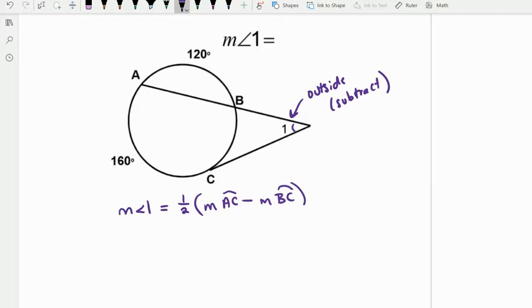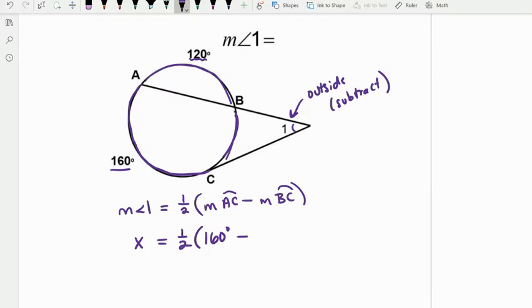Okay, I'm looking for the measure of angle 1. So I'm going to call that part X or Y or whatever you want to call it. Or you can just leave it measure of angle 1. 1/2 the measure of arc AC, that's this one over here. We know that part. That's 160 degrees. Minus, well, BC I don't have a measure for, but I do know AB up here, right, is 120.